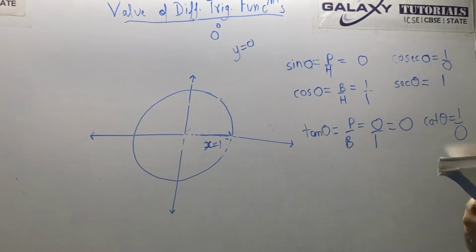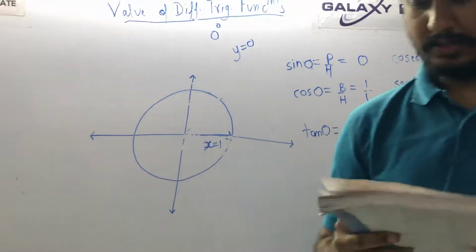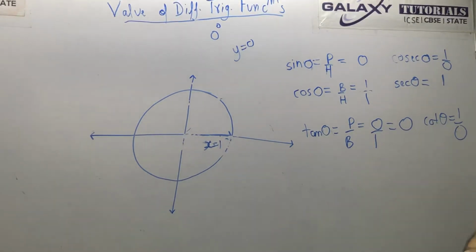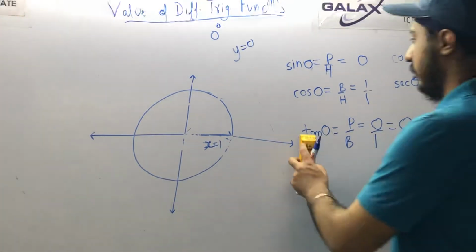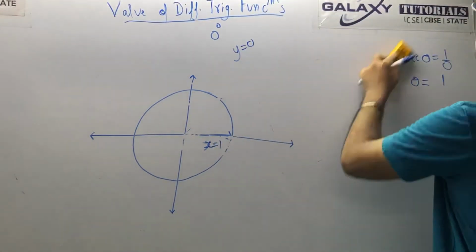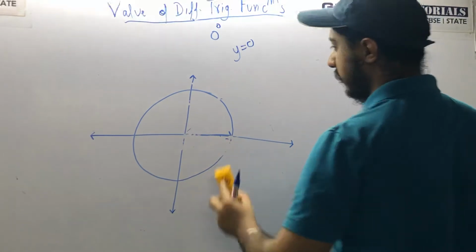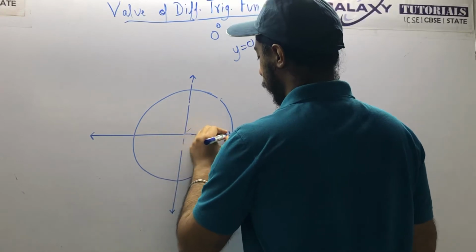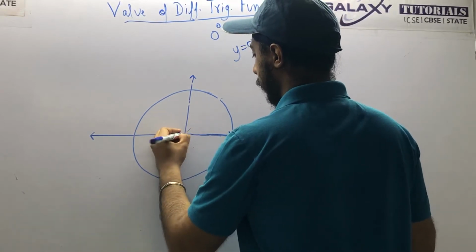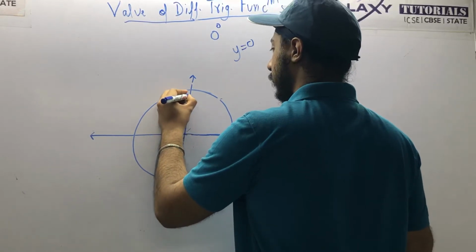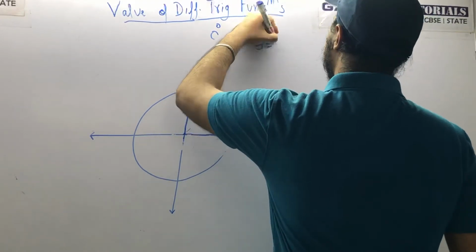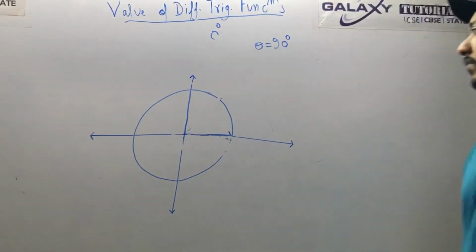Let's go ahead and find the values at 90 degree. Theta is equal to 90 degree.